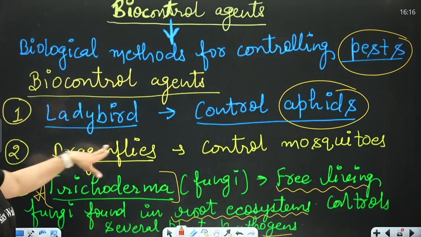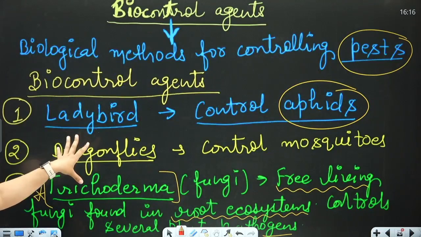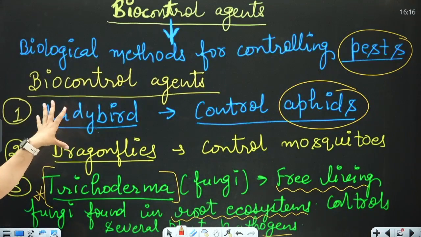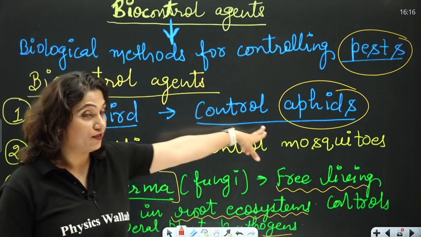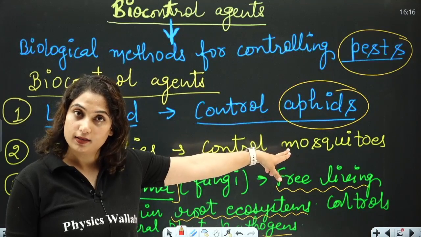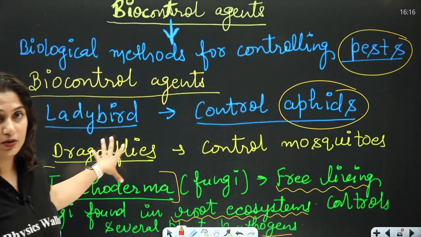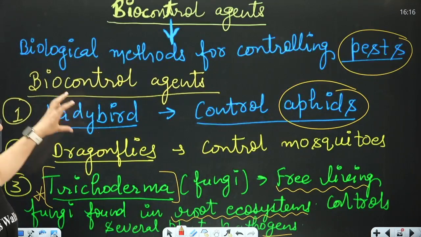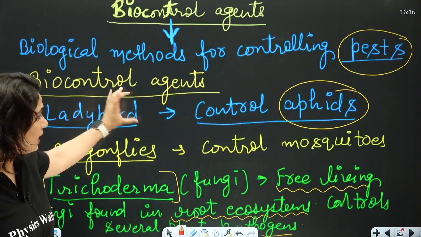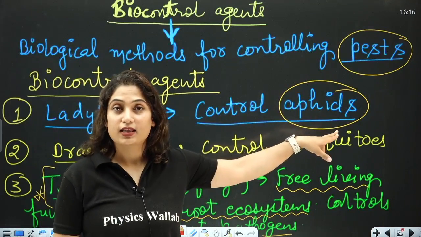Like ladybird, right? Ladybird is the natural predator of aphids. Aphids are another type of insects, and ladybirds are also insects. So naturally, this ladybird can kill the aphids.